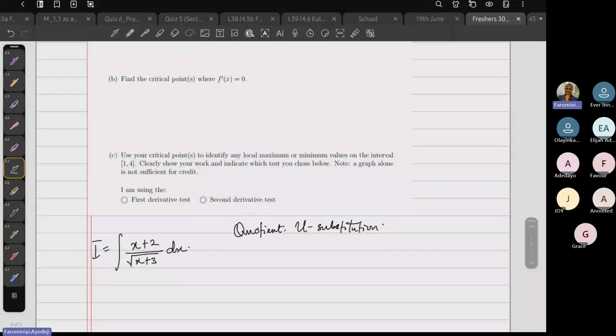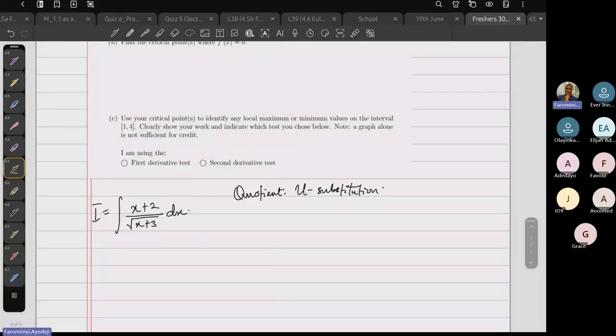For this particular quotient, I said we can simplify. The simplification I mean is, for instance, if I have x squared plus 2x minus 5 over 3x cubed, and you want to integrate, you can simplify this algebraically.